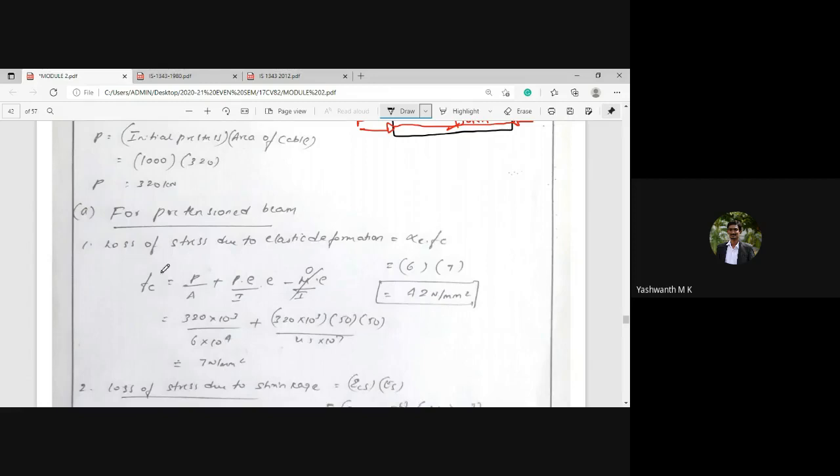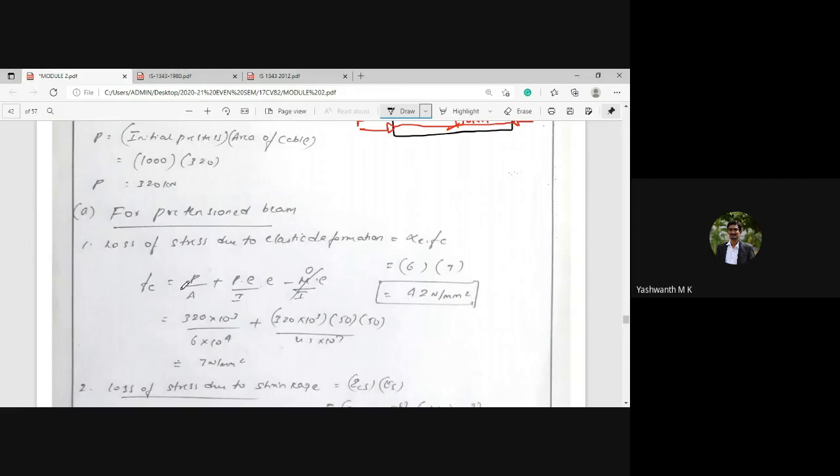The compressive stress in concrete at the level of steel is equal to P by A plus PE by I into E minus M by I into E. This last term will become zero, because the problem does not mention anything about the live load, so we neglect the dead load and live load acting on the beam.